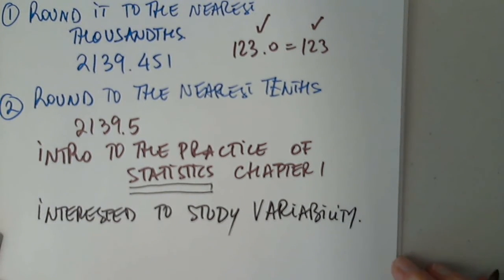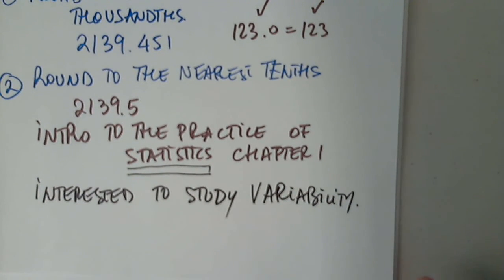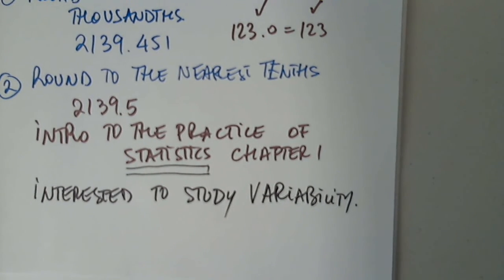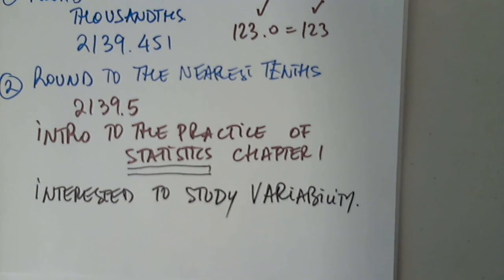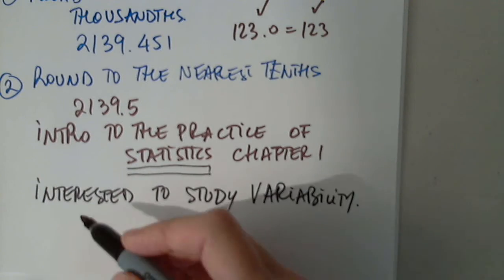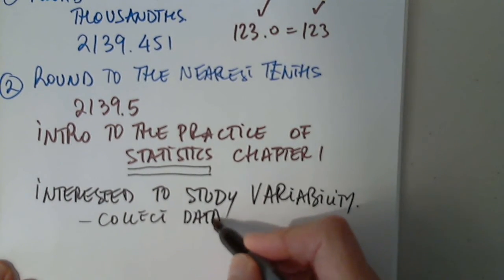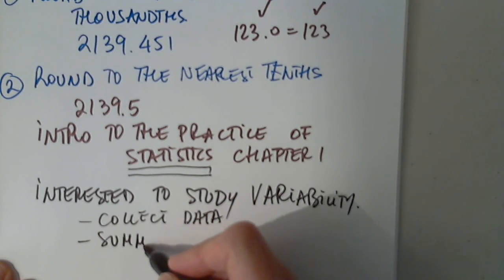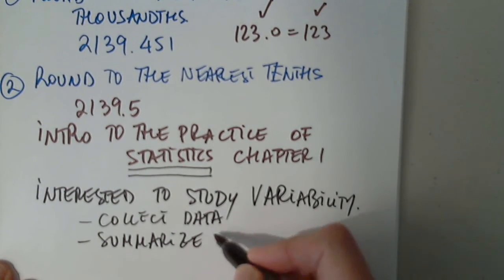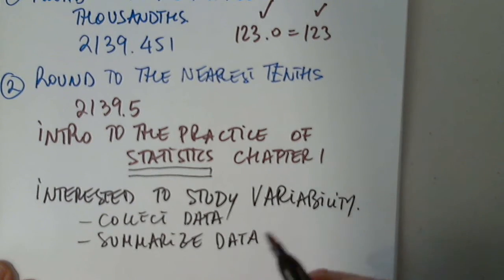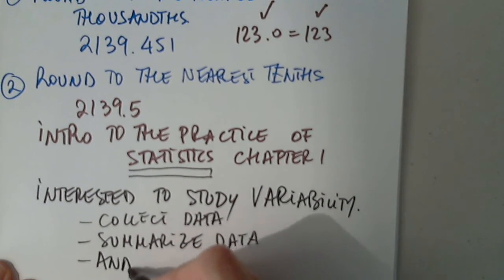If we can find out what causes variability, or if we may have an idea, we want to test whether that is the case. So we collect data, summarize data, and analyze it.